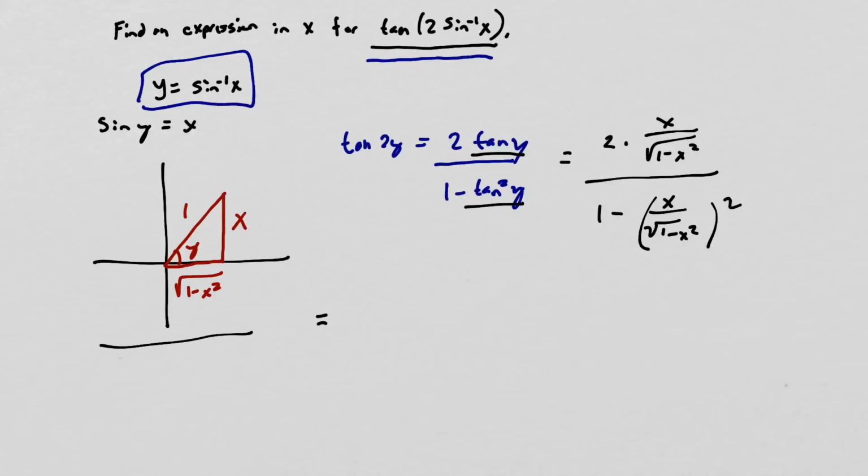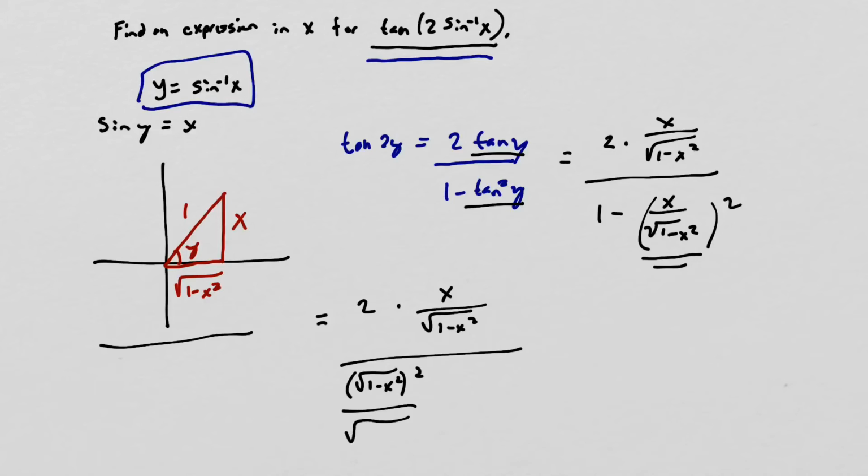So we want to get rid of this term on the bottom by combining it into one term. So this becomes 2 times x divided by the square root of 1 minus x squared, all divided by the square root of 1 minus x squared, squared, divided by the square root of 1 minus x squared, squared, minus x squared divided by the square root of 1 minus x squared.